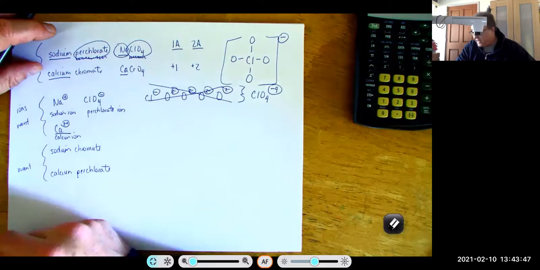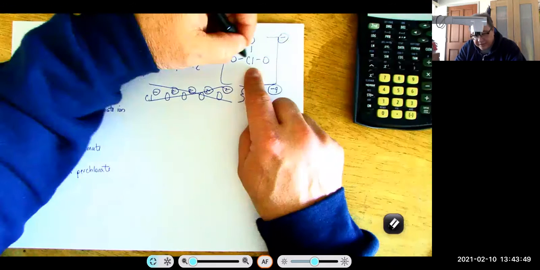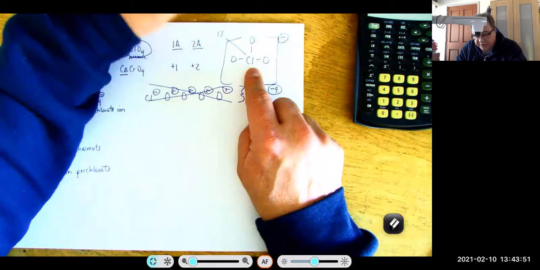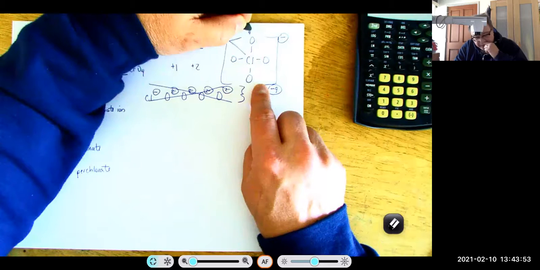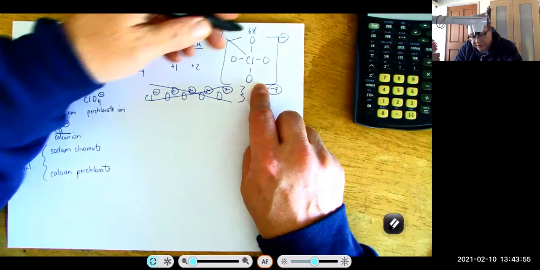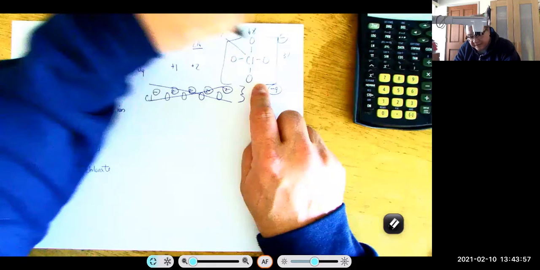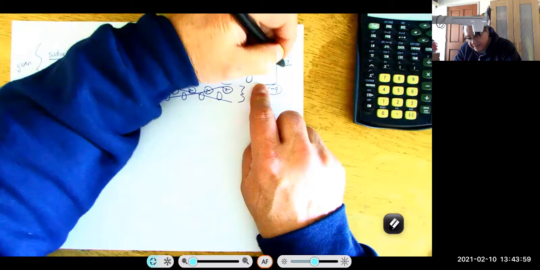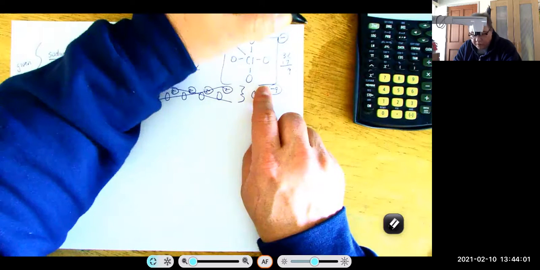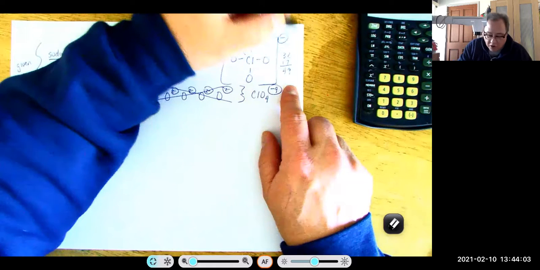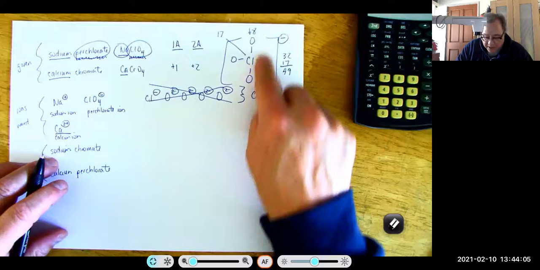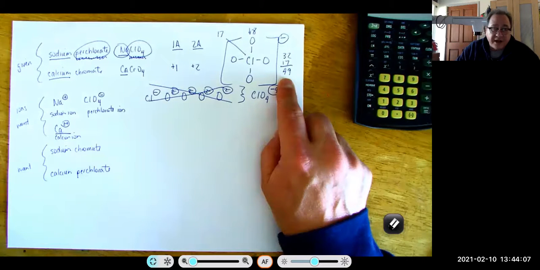So the chlorine has 17 protons. The oxygens have 8. So 8 times 4 is 32, plus 17 is 49. So all of these together has 49 protons. How many electrons does this sucker have?